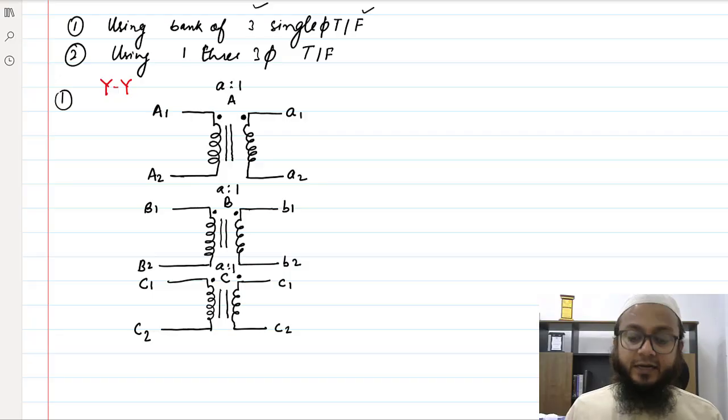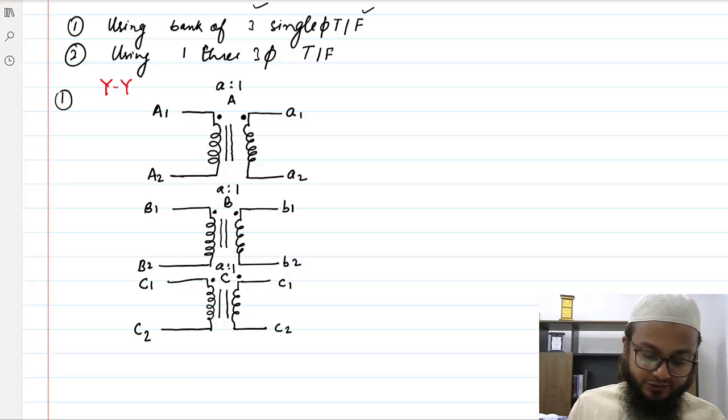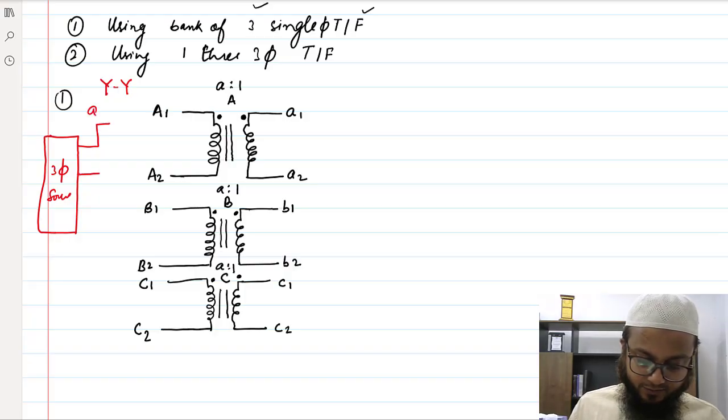Now let's say you want to make a star-star combination out of it. How to make it? Let's say the 3-phase source voltage is actually coming from here. Let's say phase A, phase B, and phase C, or I would say AS for source, BS for source, and CS for source.